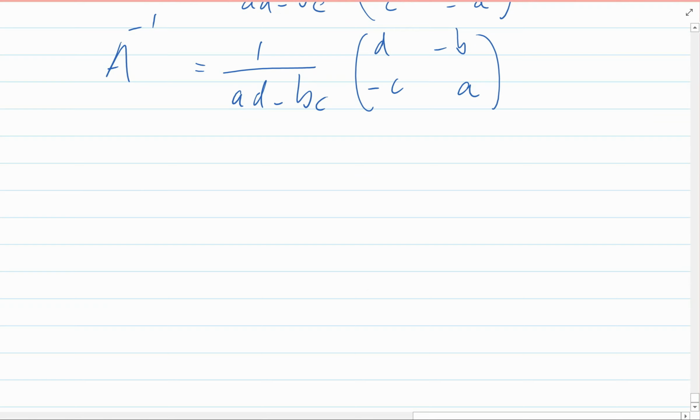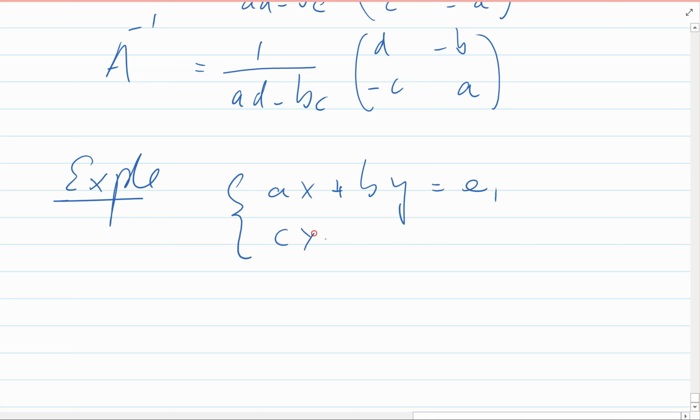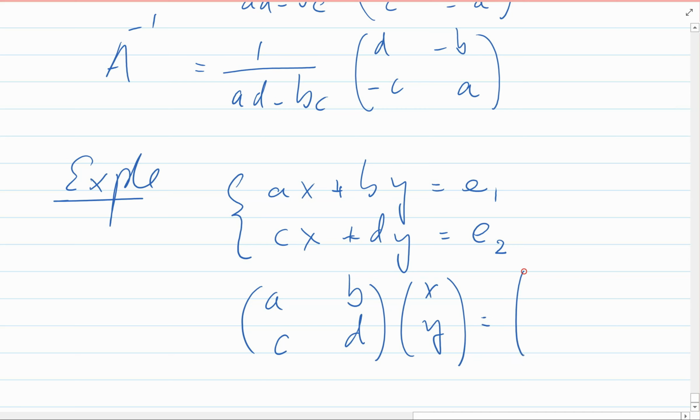So, application to systems. Let us consider the system AX plus BY equals E1 and CX plus DY equals E2. We can write the system in terms of matrices. The matrix representation will be [A, B; C, D] times [X; Y] equals [E1; E2]. Okay?